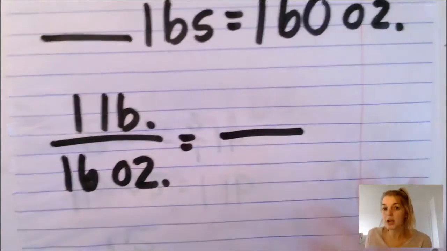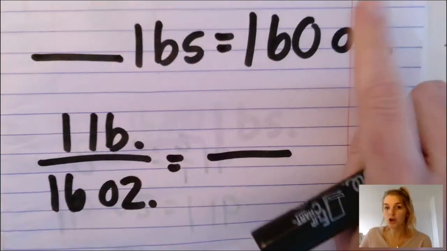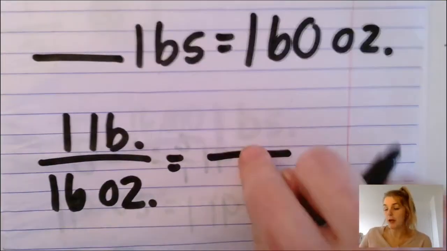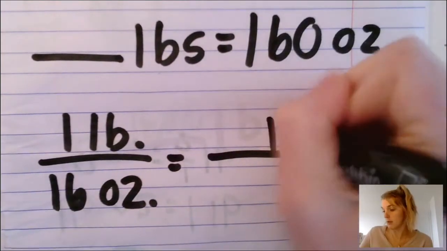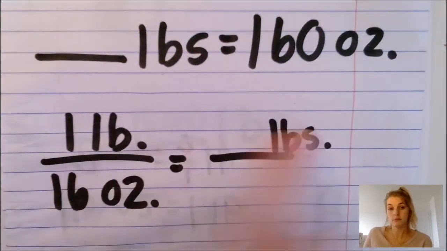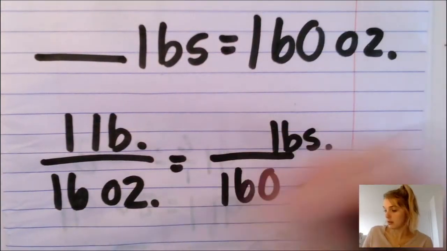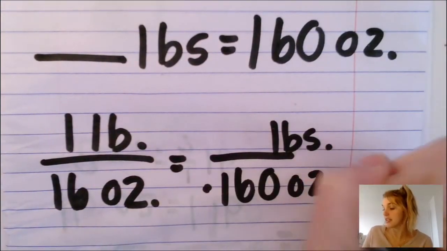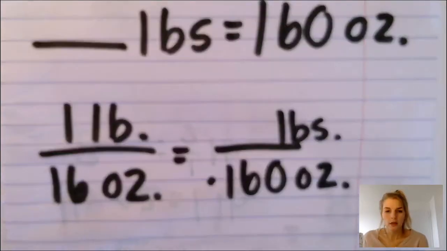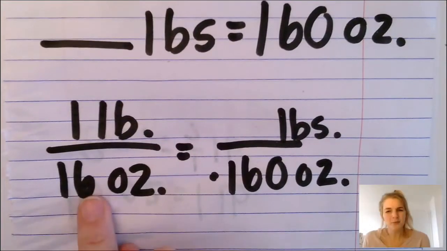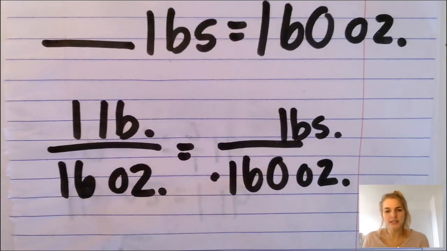All right, let's see what I do know. I do know ounces. What I don't know is pounds, so I'm going to skip over that, but I can write pounds here because we know that pounds have to match. And we know 160 ounces. Well, how did I get from 16 ounces to 160 ounces?